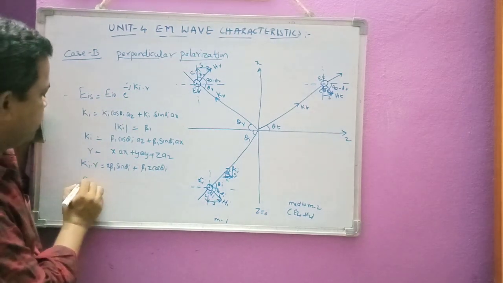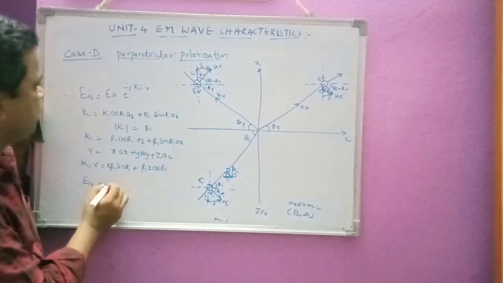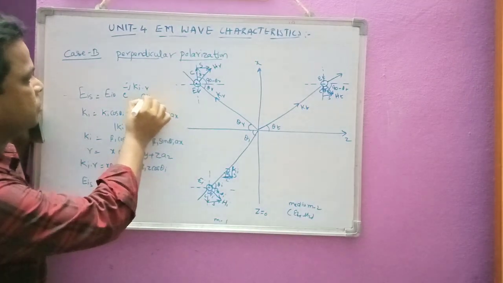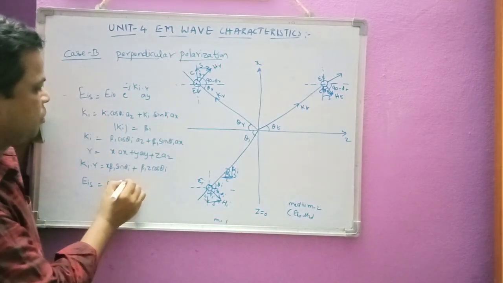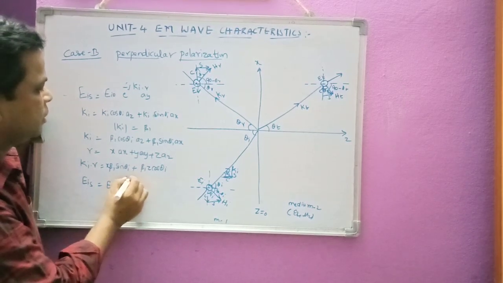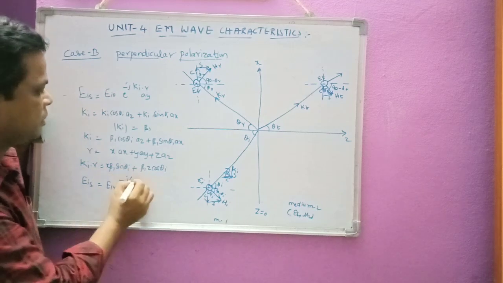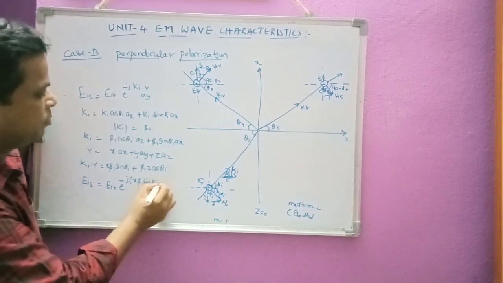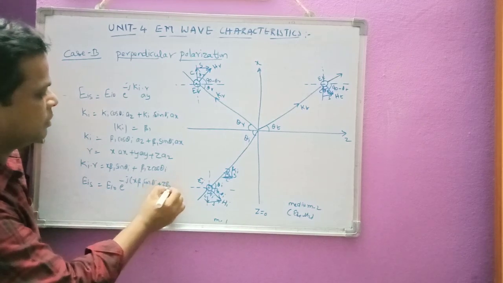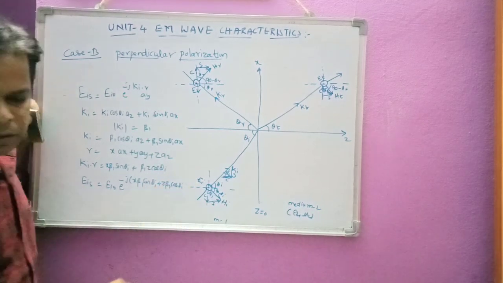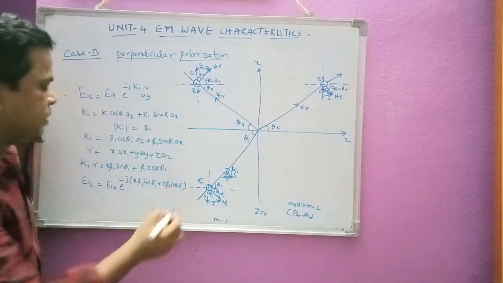EIS becomes EI naught ay, so I have to write ay here also, EI naught into e power minus j k dot r. k dot r will become x beta 1 sin theta I plus z beta 1 cos theta I. So this is the equation we are going to get here.